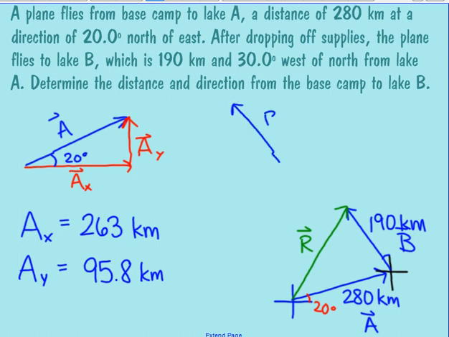Vector B is the one that looks something like that, which means its components would look like this. Not a perfect drawing, but you get the idea. Pause the video once again and find those x and y components.